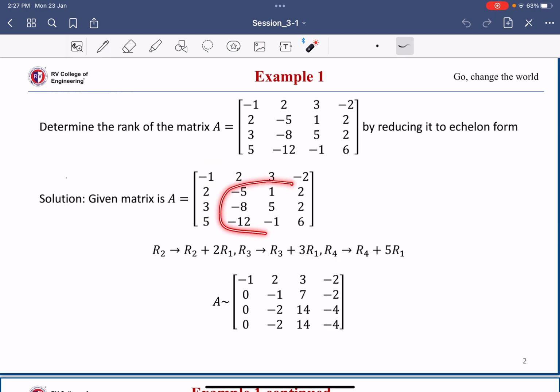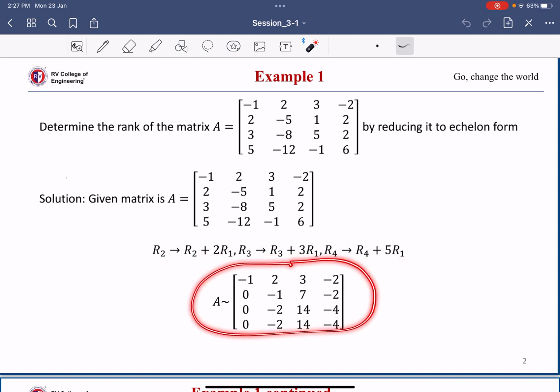The remaining entries in the second, third and the fourth rows simultaneously change according to the row transformation. So we get this particular matrix. We have got the entries below the leading entry as zeros. Now when you observe carefully, the last two rows are identical.